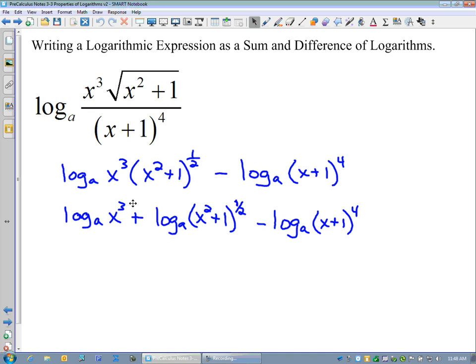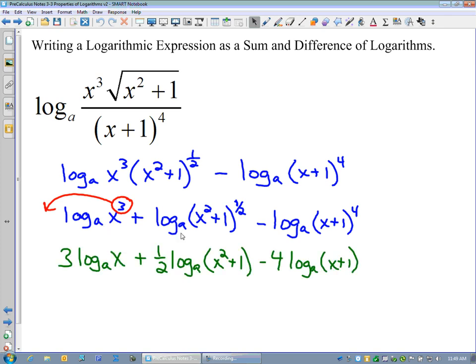And that would simply mean I'm taking the power of the argument and moving it out to the front, so it'll become a coefficient. So this first term becomes 3 log base a of x. This term, when I move the 1/2 out, becomes 1/2 log base a of the quantity x squared plus 1. And when I move the 4 to the front, it becomes minus 4 times log base a of the quantity x plus 1. And we're done.